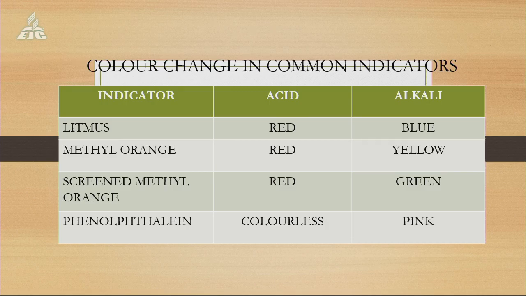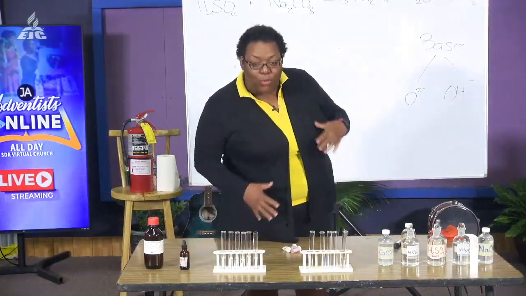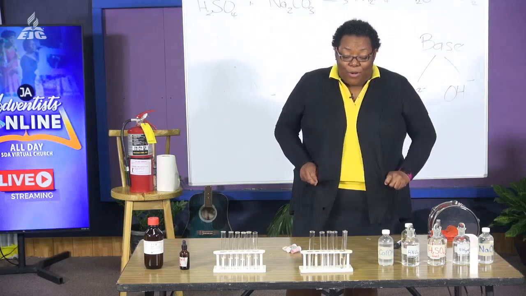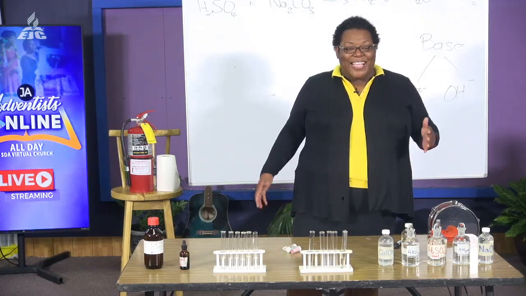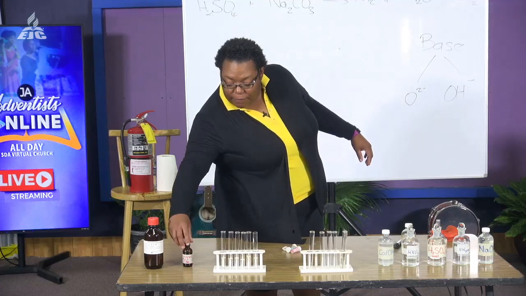So I'm going to move over now to my workstation, and we're going to be looking at some of these reactions. Here I do not have all the indicators listed above, but I have a few of them.